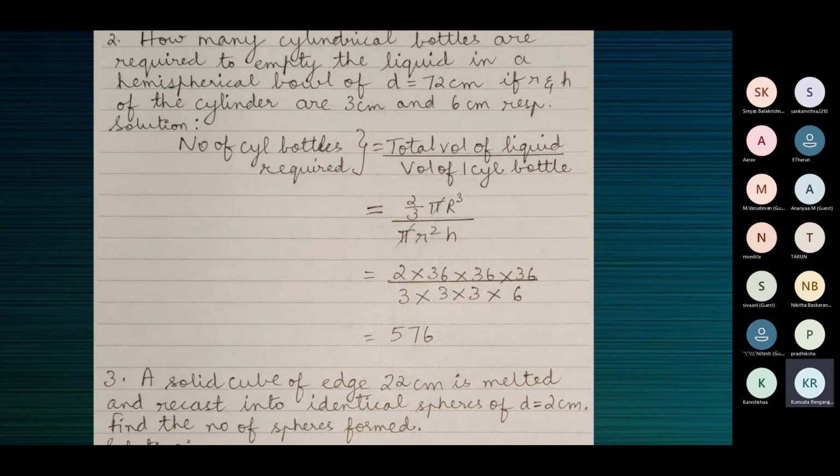Numerator is the hemisphere, 2 by 3 pi r cubed. Denominator is one cylindrical bottle, pi r square h. Pi gets cancelled. Then substitute the values: 2 by 3, you can see the 3 will come to the denominator. Substitute the values of r and h, and on simplifying, 576.